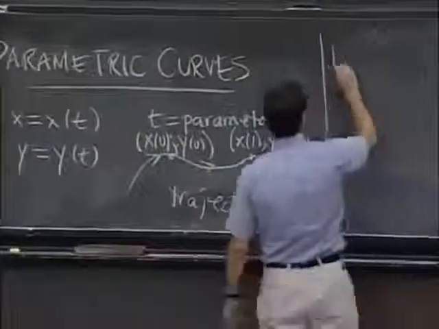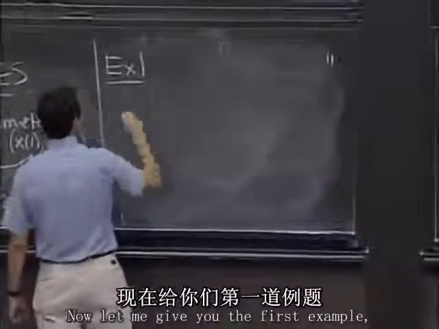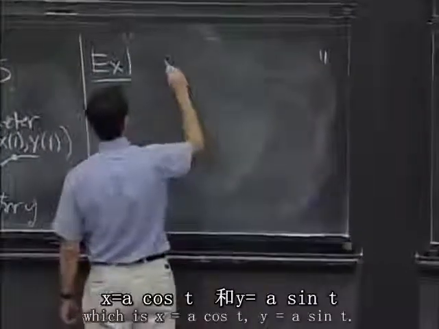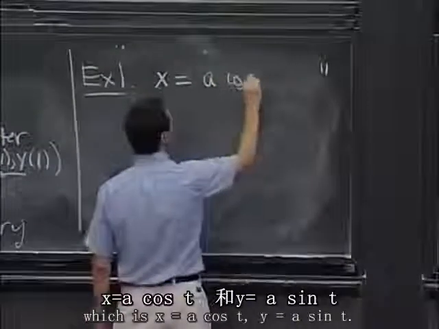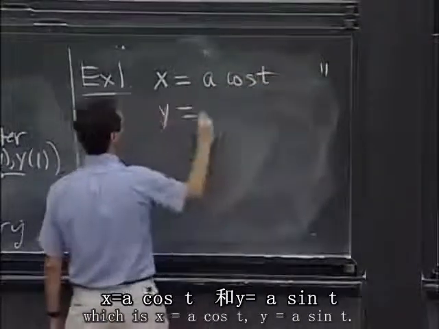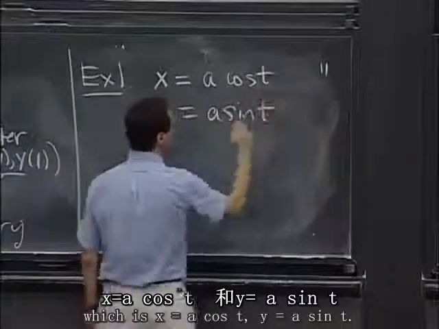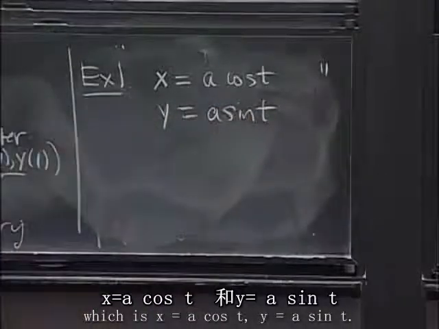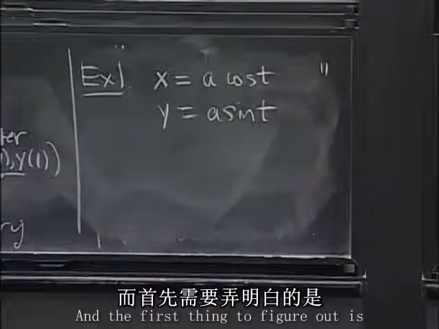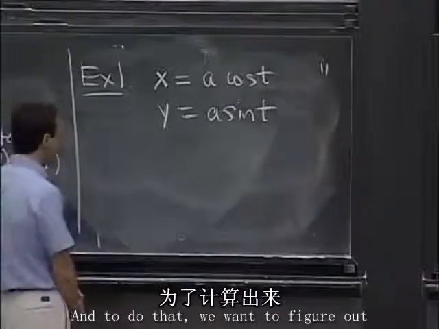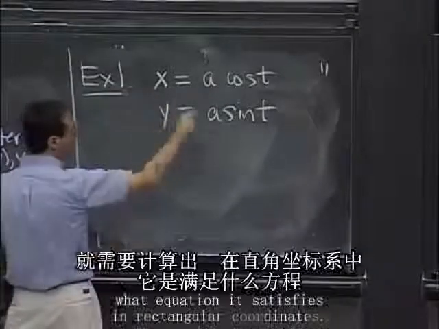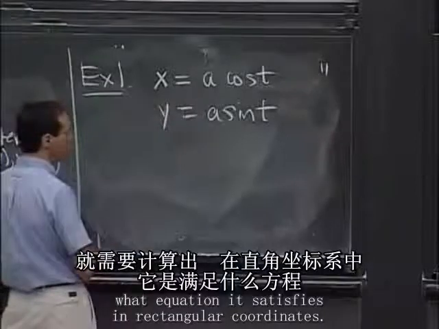Now, let me give you the first example, which is x equals a cosine t, y equals a sine t. And the first thing to figure out is what kind of curve this is. And to do that, we want to figure out what equation it satisfies in rectangular coordinates.